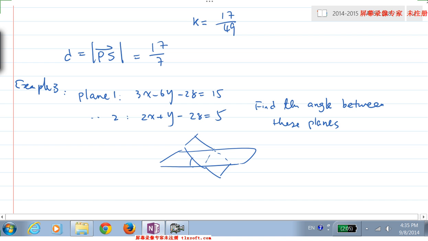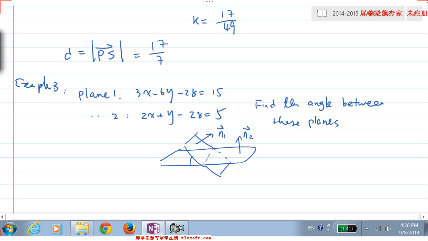So what we can do, even before you do anything, is construct two parallel vectors out of the two equations given. And whether the two planes are parallel or not can be determined by the dot product of these two vectors.